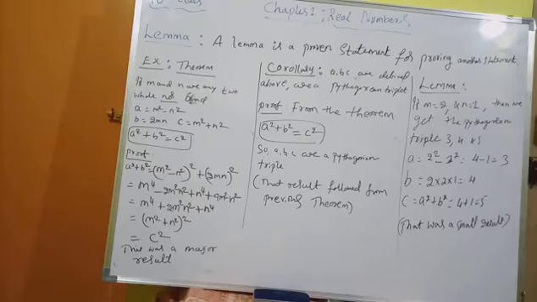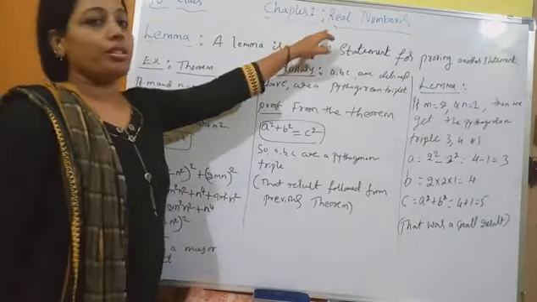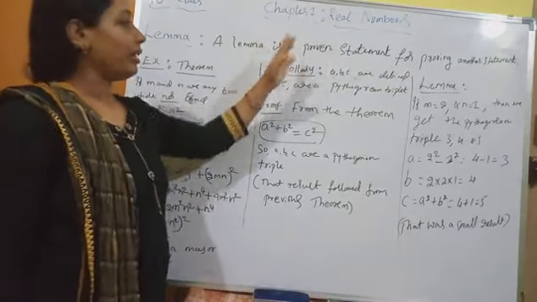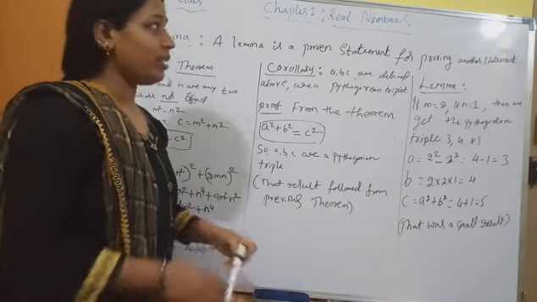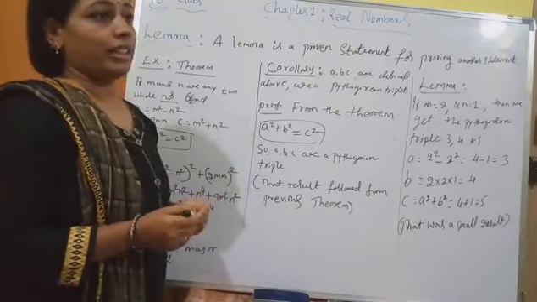So, first we should understand the meaning of lemma and algorithm. What is a lemma? Okay, students, have you understood real numbers? A real number is from the set of rational numbers and irrational numbers.